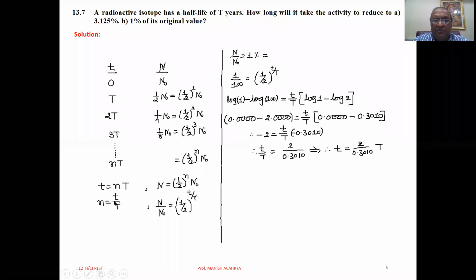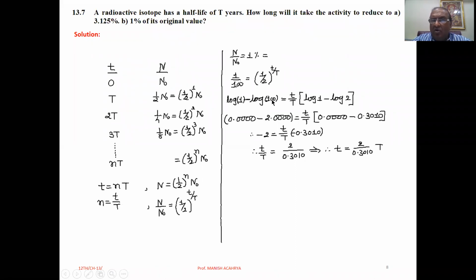Now from this you can write n equal to t by capital T. So n upon n0 is equal to half raised to t upon capital T. Now see this 1%. So n upon n0 is 1%, means 1 by 100, that is equal to half raised to t upon capital T.